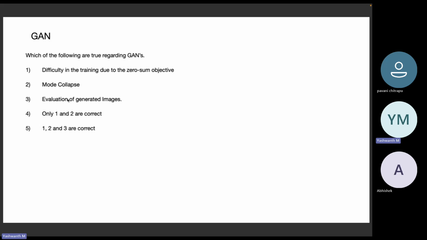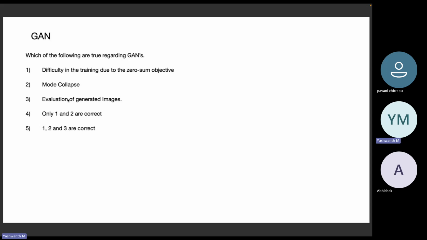Mode collapse refers to a situation where we end up capturing only a few of the classes. Let's say we want to generate the CIFAR 10 data set, which has 10 classes, and training converges to a point where we only see 8 classes and 9 or 10 are missing. Such a scenario is typically referred to as mode collapse.